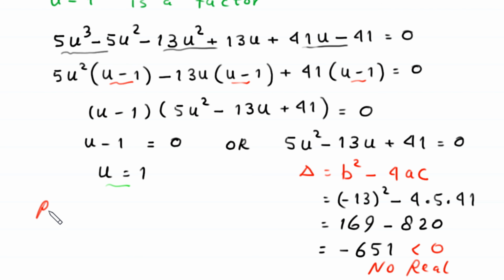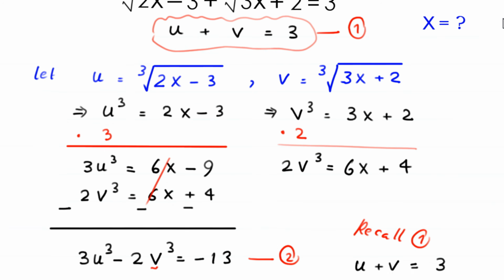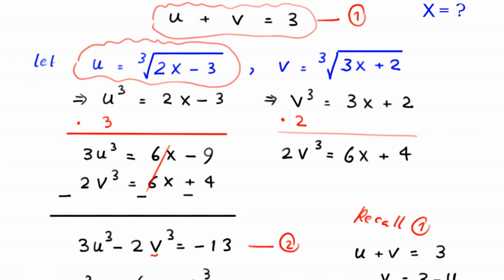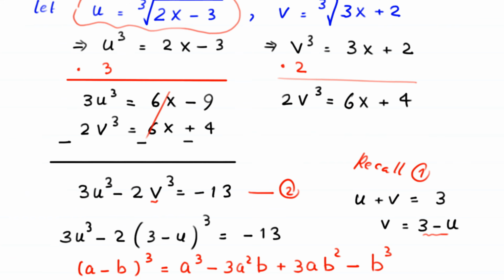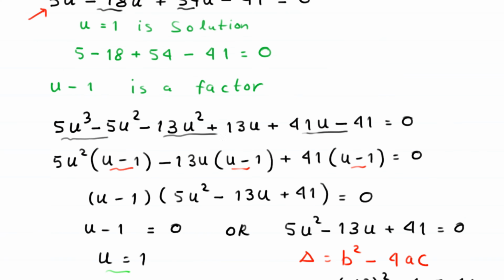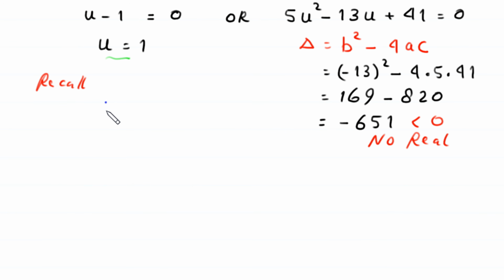Now recall that we have supposed that u is equal to cube root of 2x minus 3. We have supposed that cube root of 2x minus 3 equal to u.